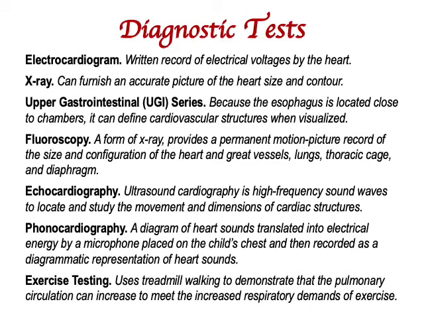An X-ray, the upper GI series, fluoroscopy, and echocardiography are all tests to locate structures of the heart and the blood vessels. A phonocardiography measures heart sounds, and an exercise test with the use of a treadmill assesses how well the heart can tolerate increased demands.